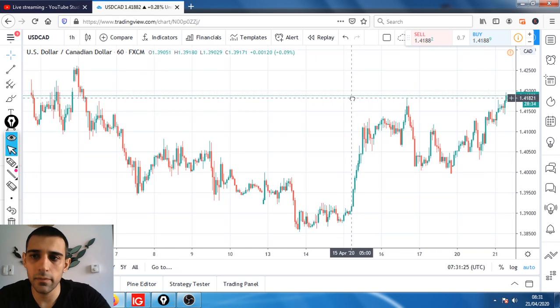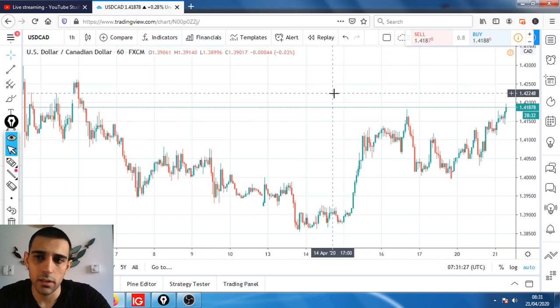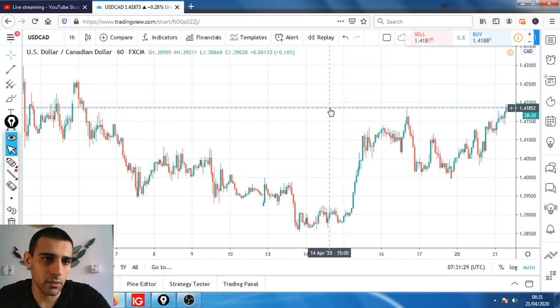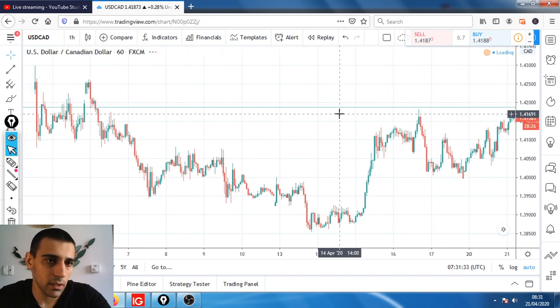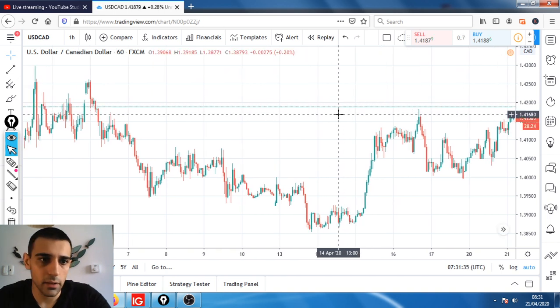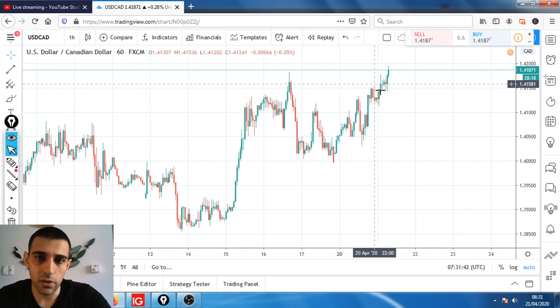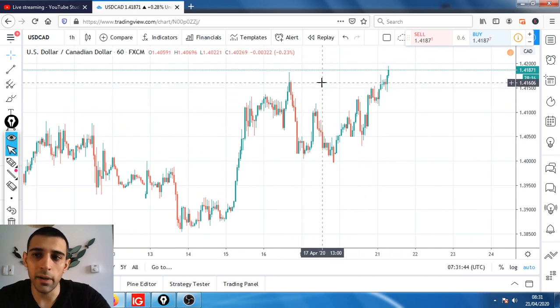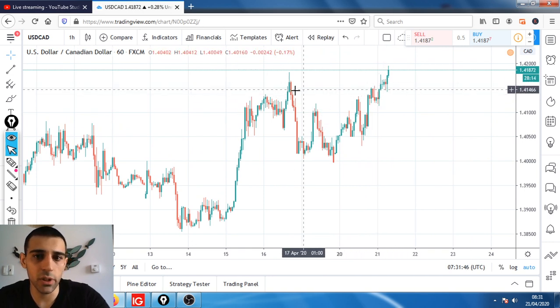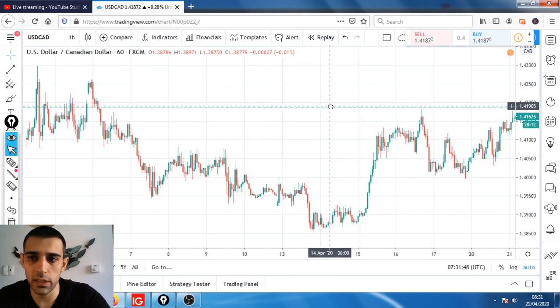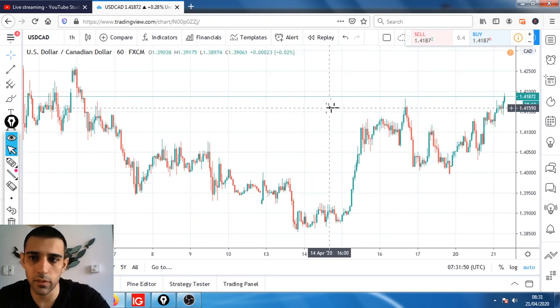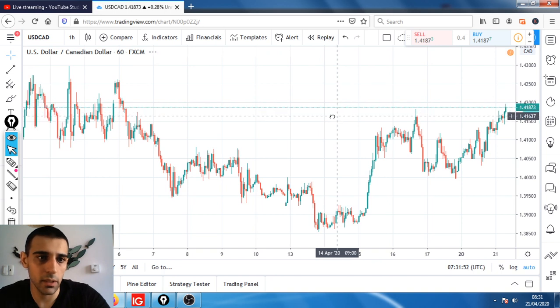Let's see if there's anything else. What else do we have? Yeah, this area looks pretty strong. The next retracement zone I see is the 141.62 zone.